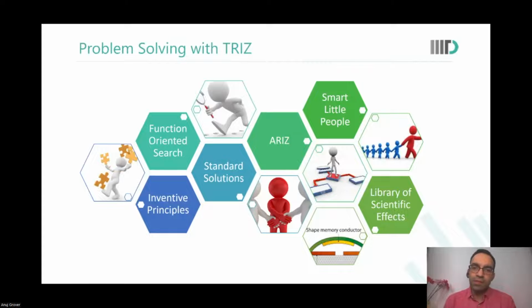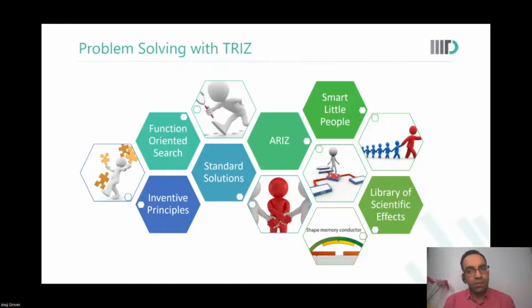So inventive principles, you remember how many inventive principles did we talk about? When Altshuller had studied those 20,000 patents, he had identified that there were around 40 inventive principles which were commonly used across those patents, more than 2 lakh patents at that time.